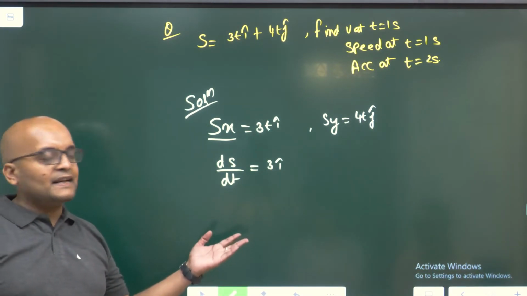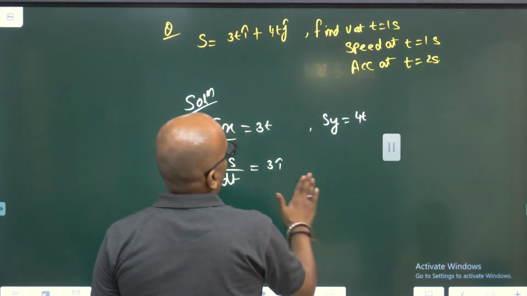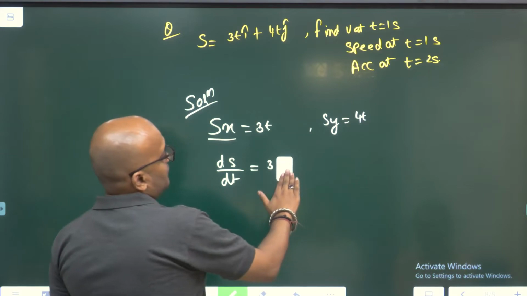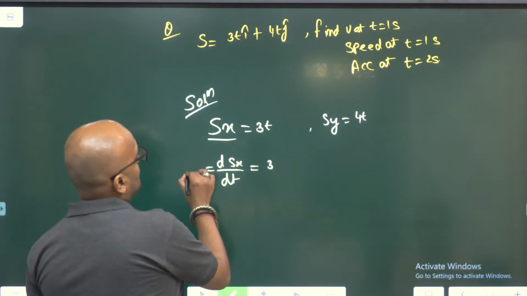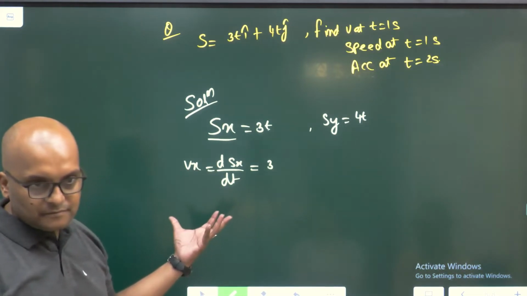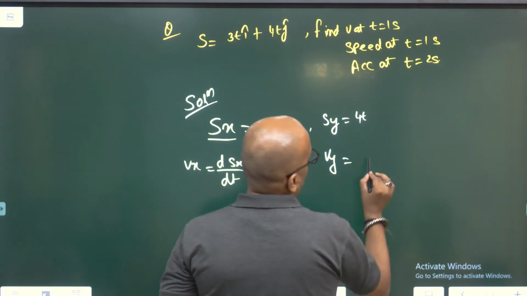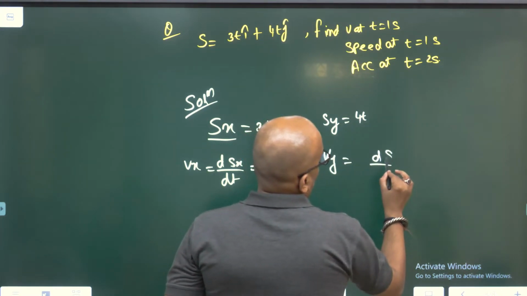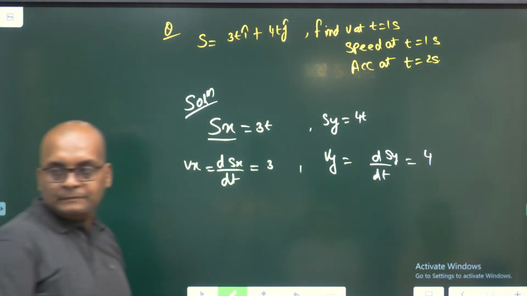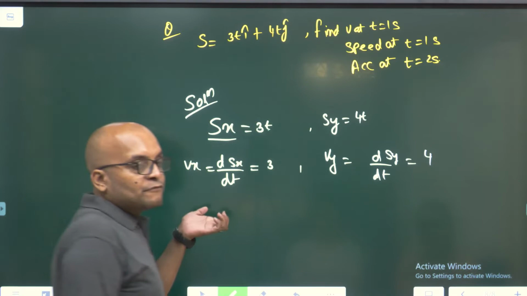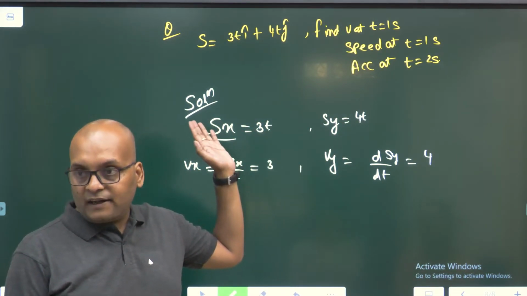i is just giving direction. If you don't want, don't apply. Don't apply here. We will apply it later. So this is velocity along x-axis, 3. What is velocity along y-axis? It will come out to be 4. So now you have to write it in vector form because displacement was given in vector form.